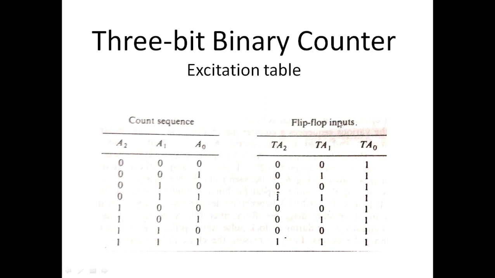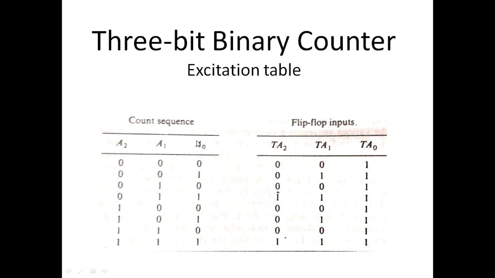So let those flip-flops be 0, 1, 2. The T input of the flip-flop 0 is TA0. The T input of the flip-flop 1 is TA1, and the T input of the flip-flop 2 is TA2.